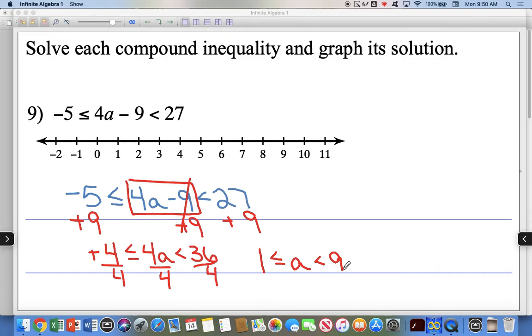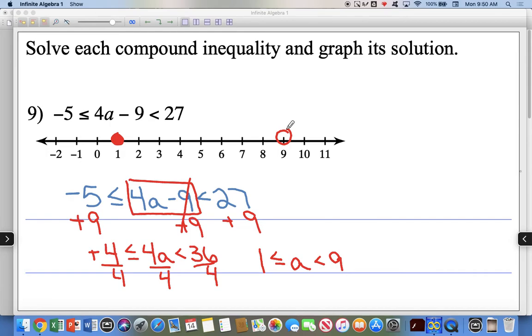So if we want to graph this on our number line, the first symbol goes with 1. So are we open or closed at 1? Closed. Are we open or closed at 9? All right, and then on a conjunction, where do we shade? Do we shade inside or outside? In between the two circles or outside the two circles? Do you remember?